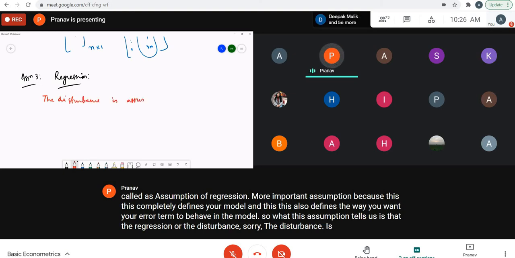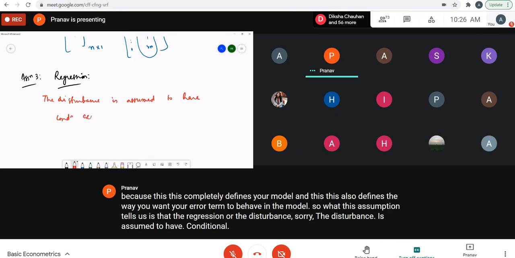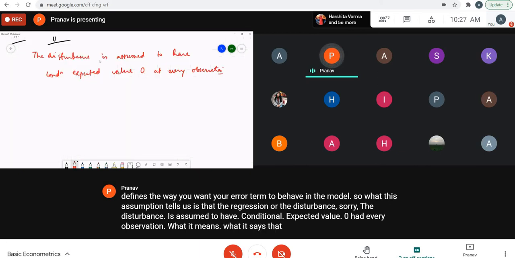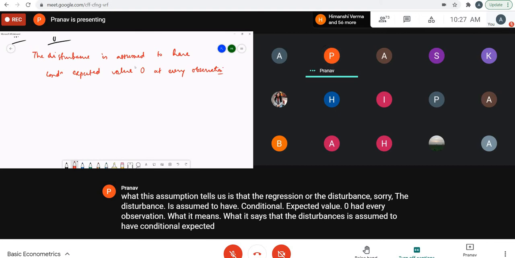is assumed to have conditional expected value 0 at every observation. Now, what does it mean? It says that the disturbance is assumed to have conditional expected value 0 at every observation.